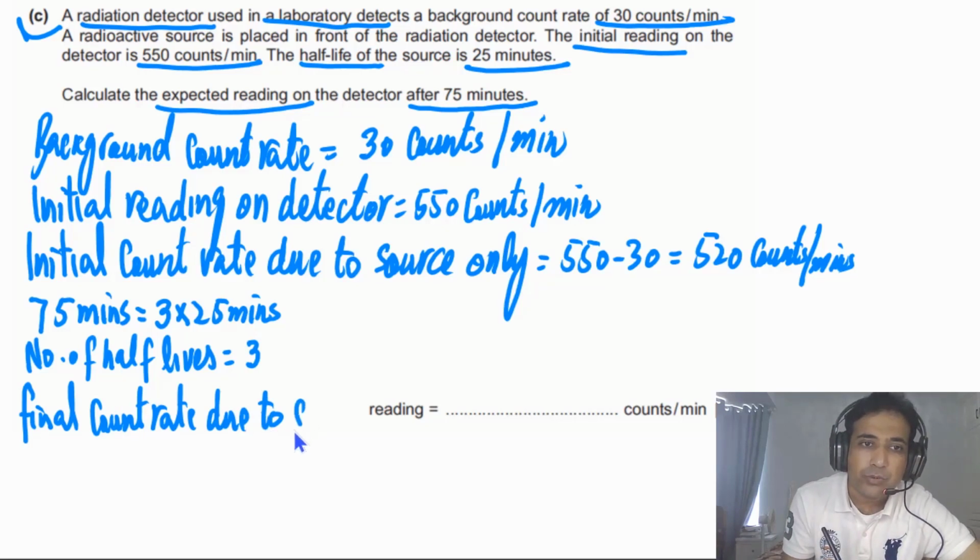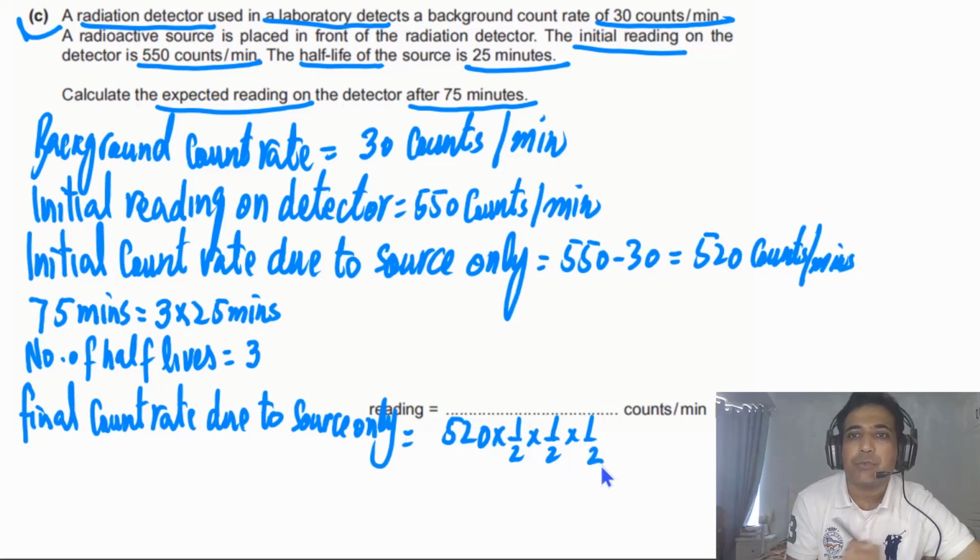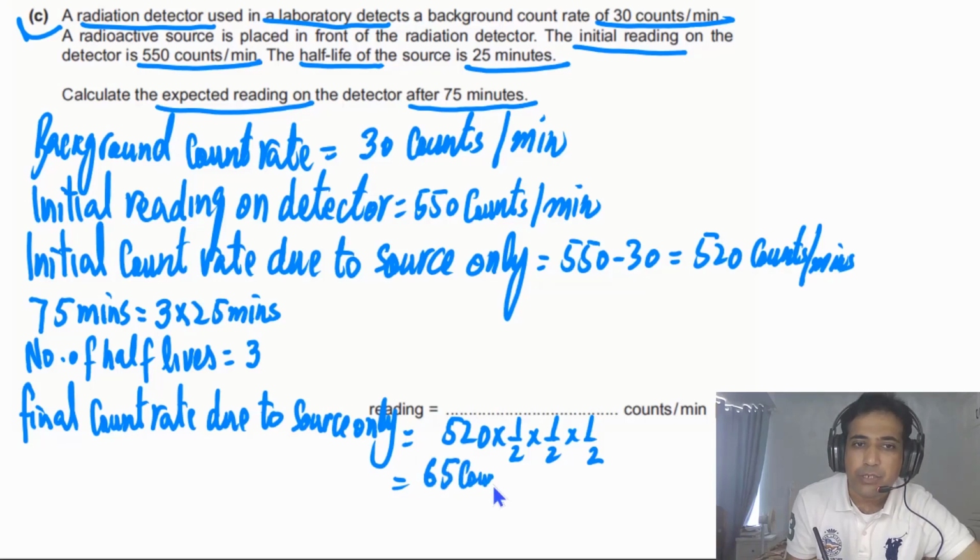This has to be equal to 520 multiplied by 1/2, 3 times: 1/2, 1/2, 1/2. So it simply means that we have to divide this by 8, and if we solve this we will get 65 counts per minute. So this is due to the source only.